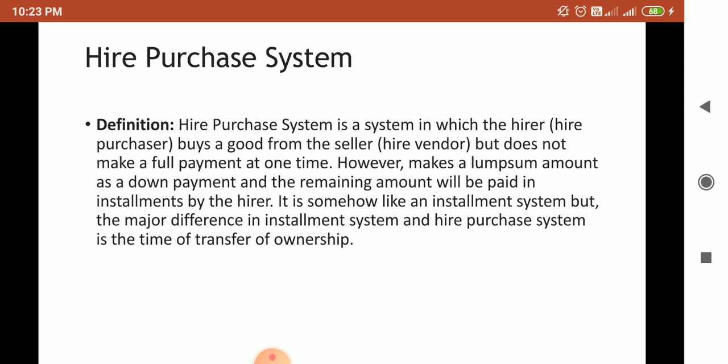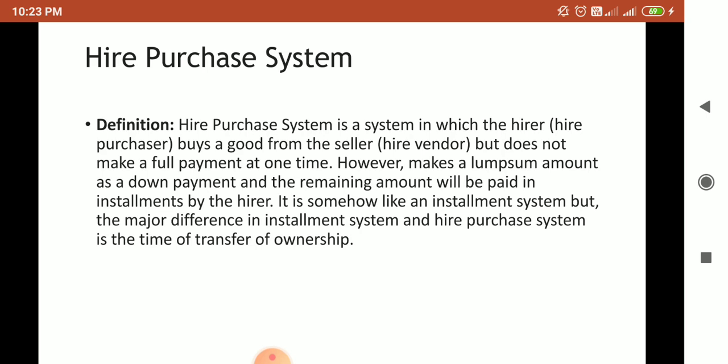It is somewhat like an installment system, but the major difference between the installment system and hire purchase is the time of transfer of ownership. In one, the ownership is transferred immediately after the signing of the agreement, and under the hire purchase system, the ownership is transferred at the end, after payment of the last installment. So this is the basic difference between hire purchase system and installment system.